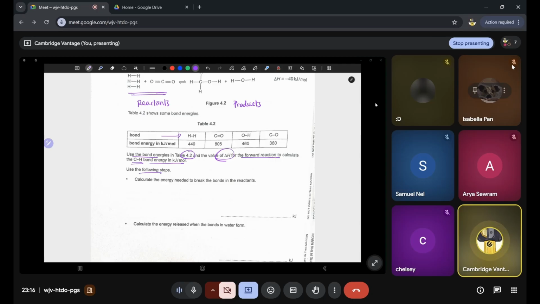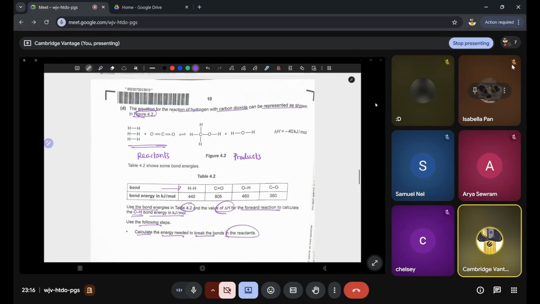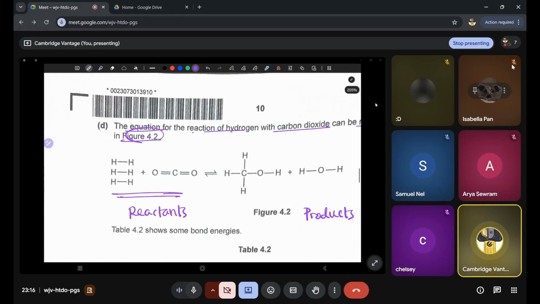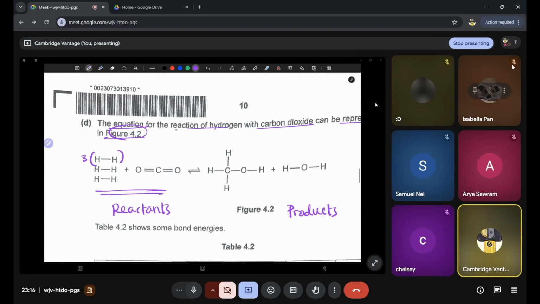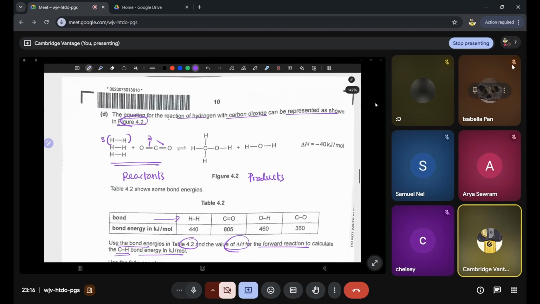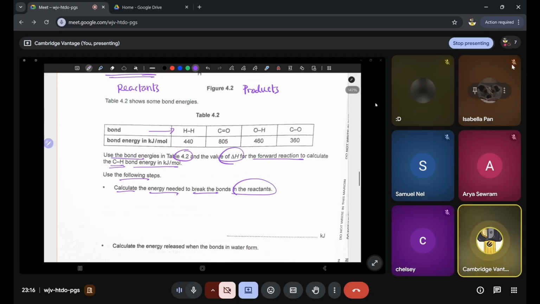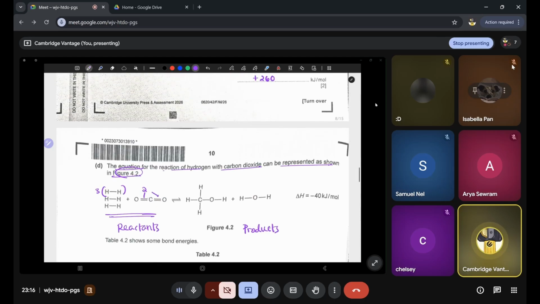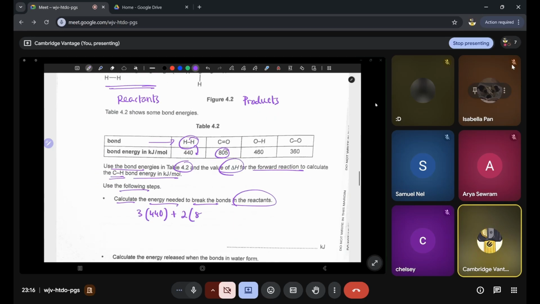Use the following steps. Calculate the energy needed to break the bonds in the reactants. So in the reactants, what do we have? I have three hydrogen-hydrogen bonds and I have two carbon-oxygen bonds. So the bond energy of the reactants is just 3 times hydrogen-hydrogen, which is 440, plus 2 times carbon-oxygen double bond, so 805.